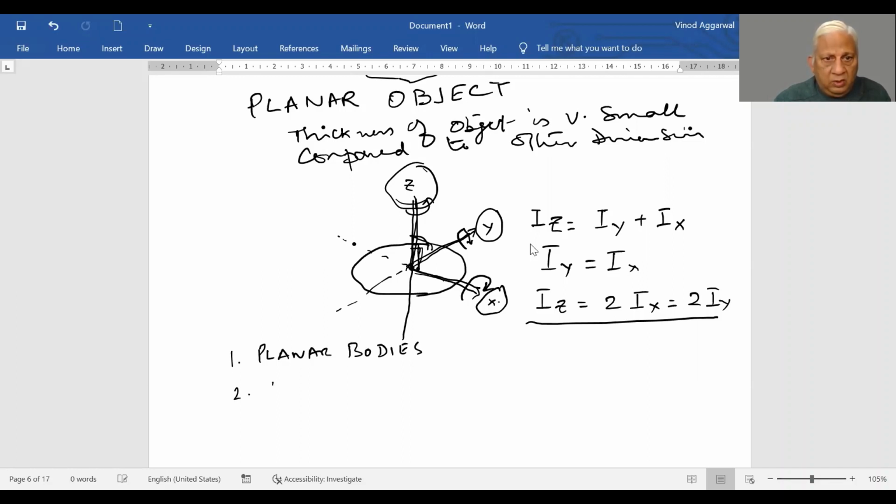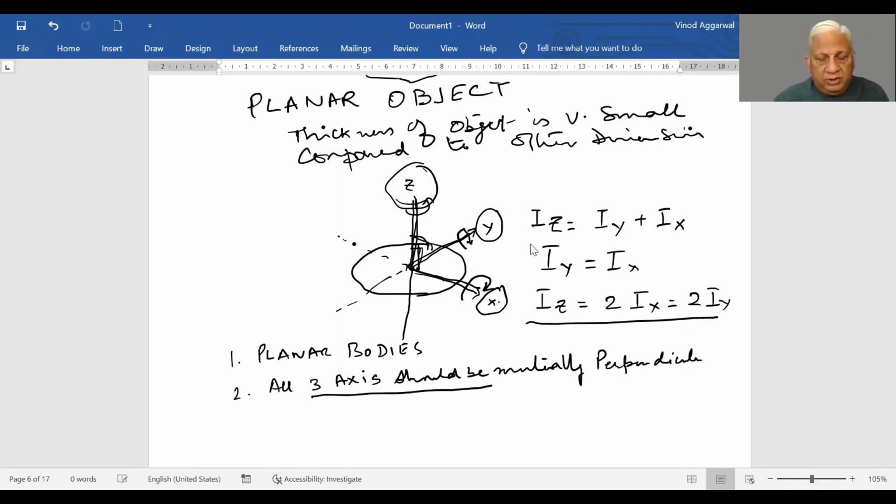Condition 2: all three axes should be mutually perpendicular. All three axes should be perpendicular to each other, like X, Y, and Z.